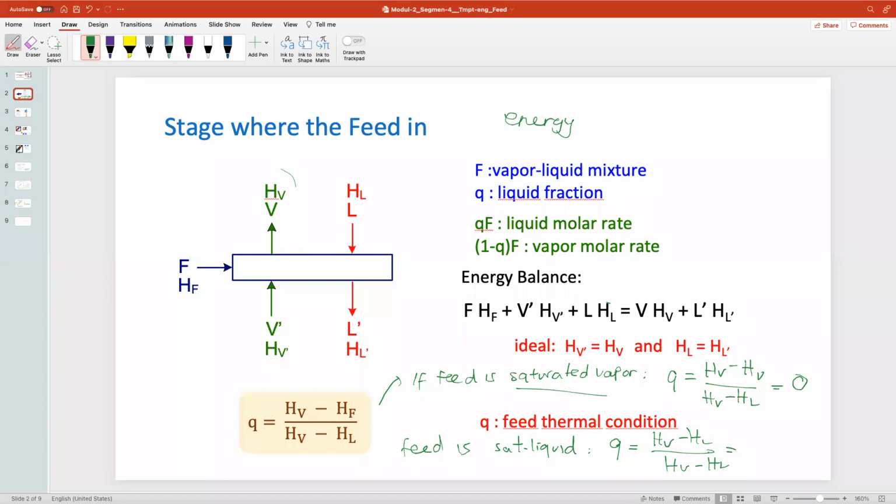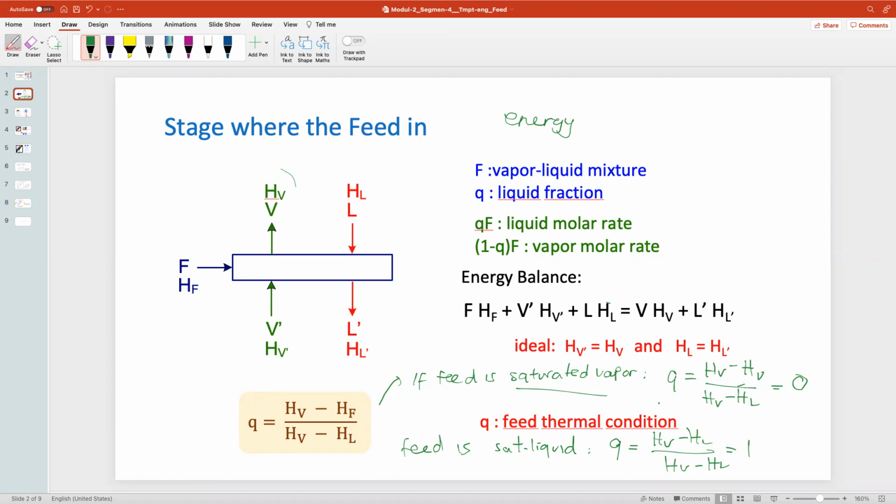Can you help me? Similar. So that's equal to 1. Yeah, good. So that means if Q is 0, it is saturated vapor. If Q is 1, it is saturated liquid. If the feed is somewhere between liquid and vapor in two phases, then Q is between 0 and 1.